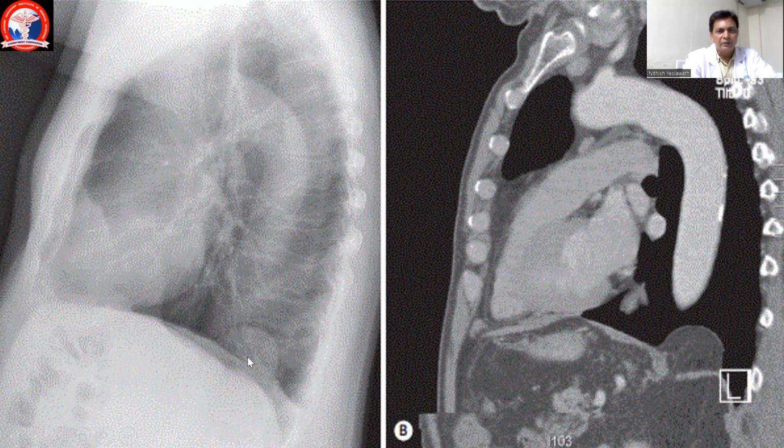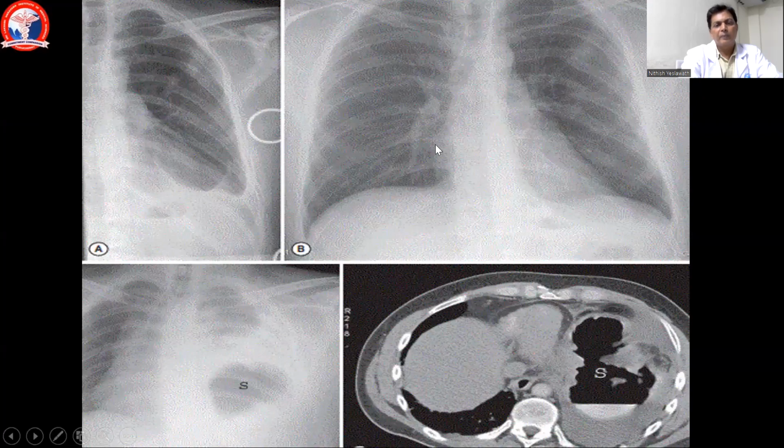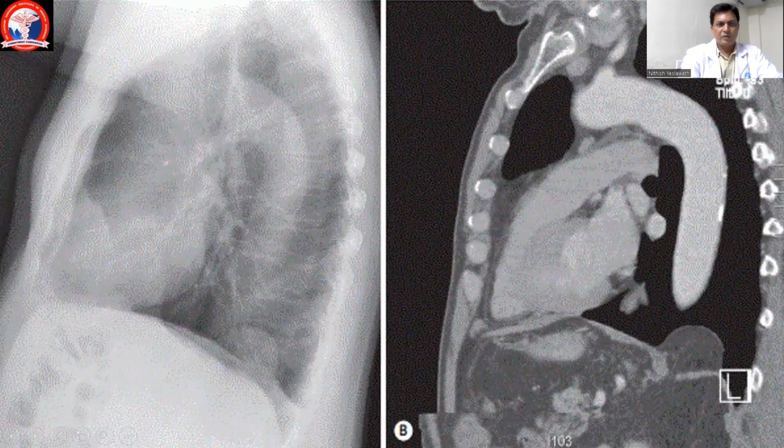The finding here is a well-defined soft tissue lesion based on the hemidiaphragm. The diaphragm is on the posterior side, and just posterior to that is the posterior recess of the lung. This is the lesion. It is based on the diaphragm.